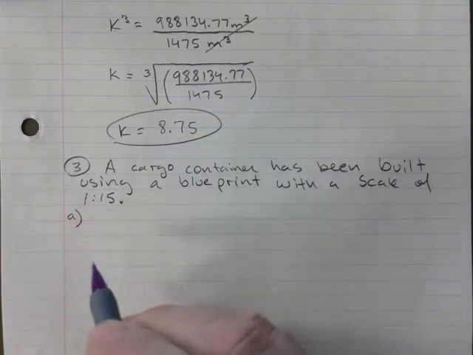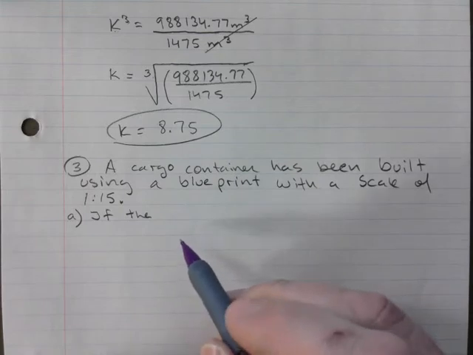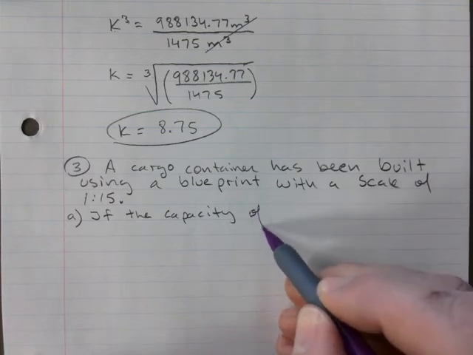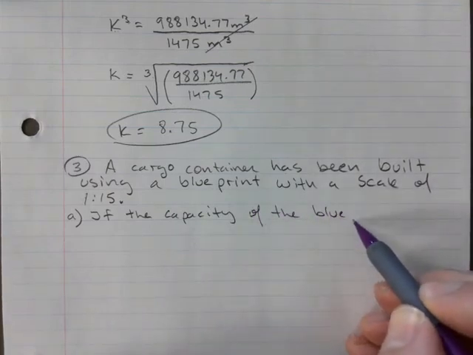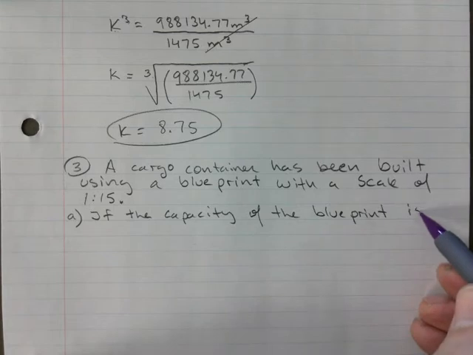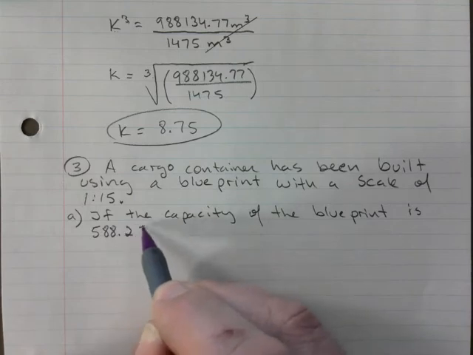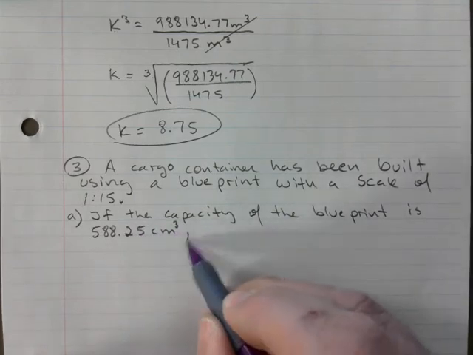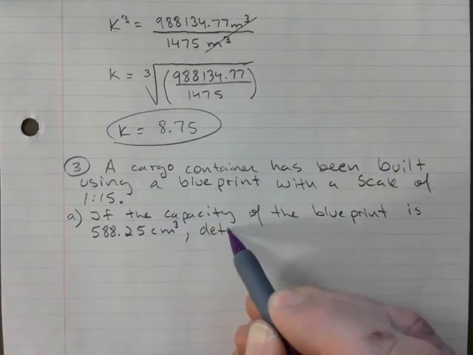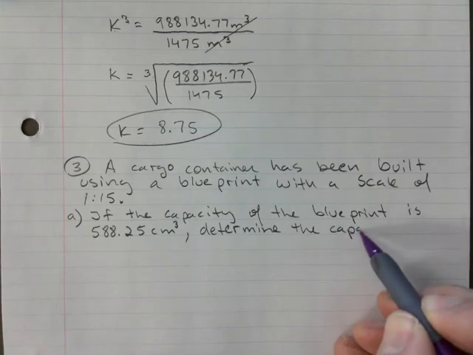A. If the capacity of the blueprint is 588.25 centimeters cubed, determine the capacity.